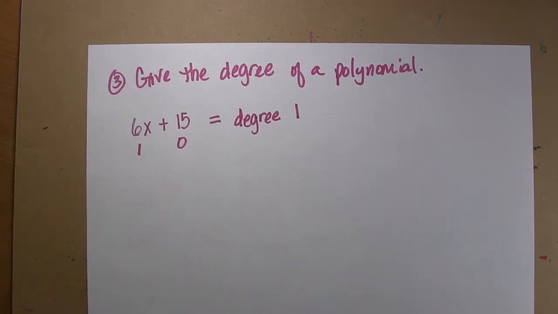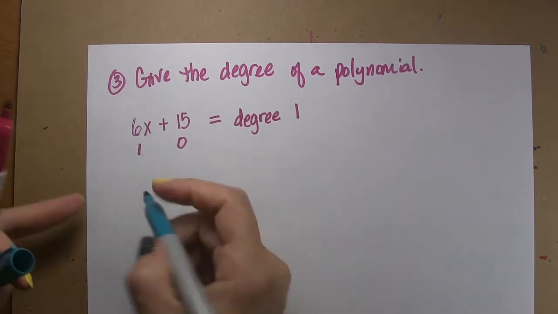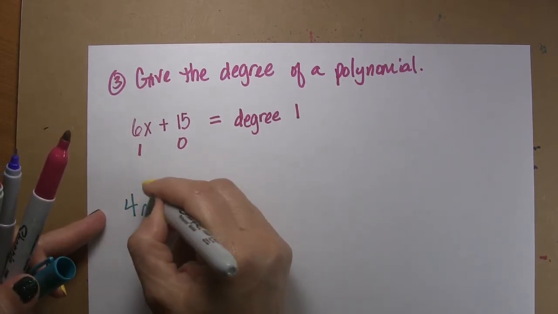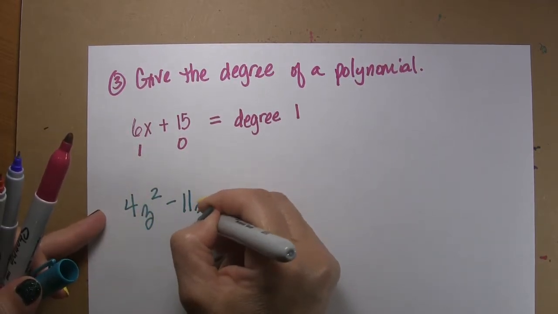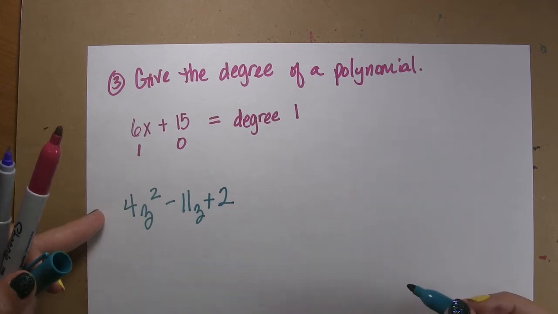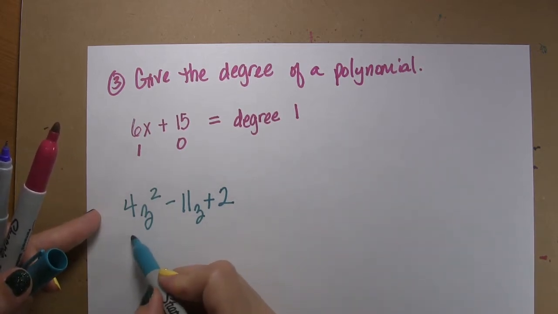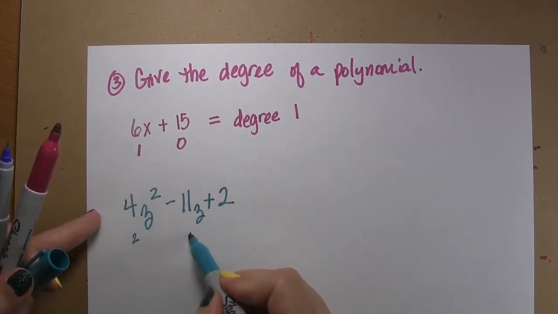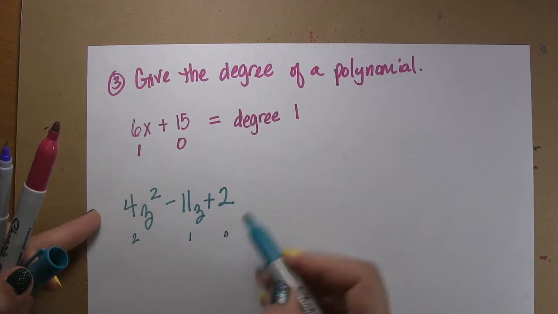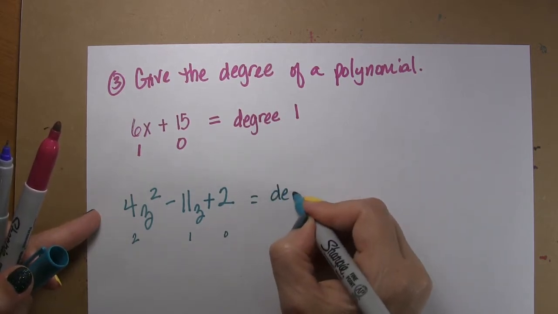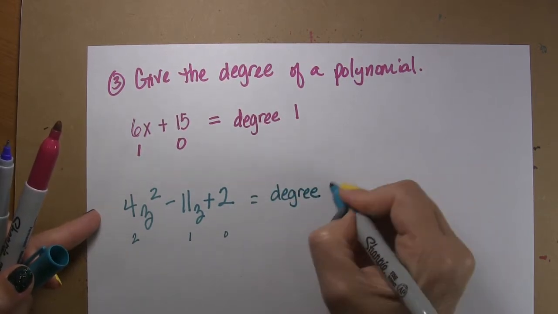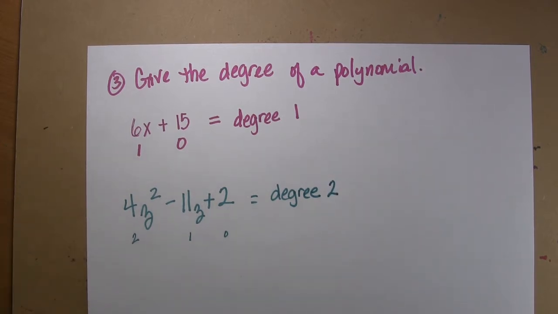What if you had 4z squared minus 11z plus 2? Well, this is degree 2, this is degree 1, this is degree 0, so we would say that the whole polynomial is degree 2. Okay, just a smidge harder.